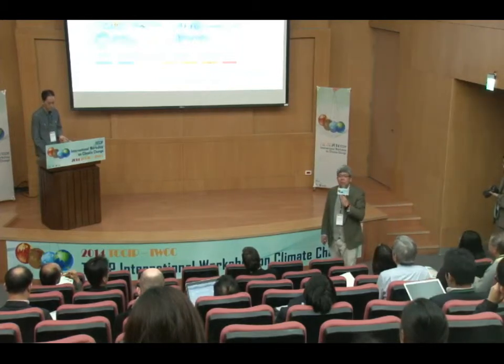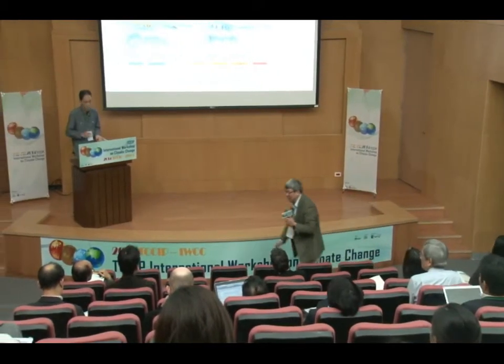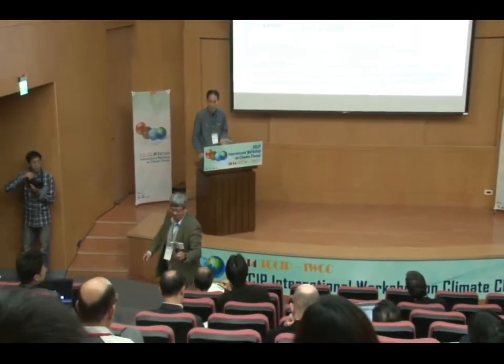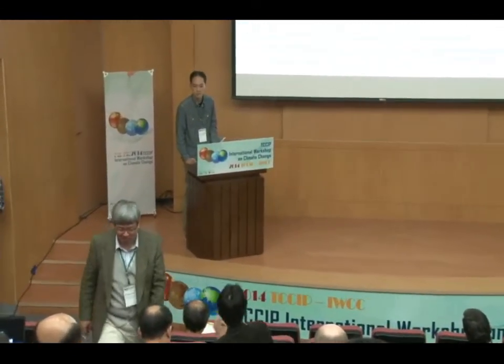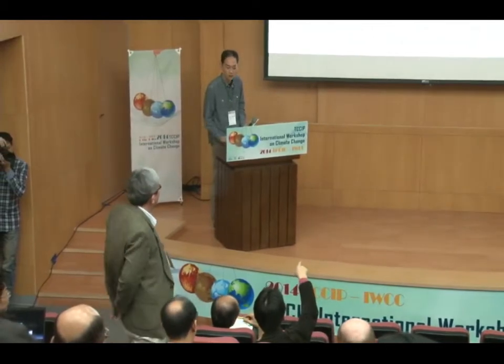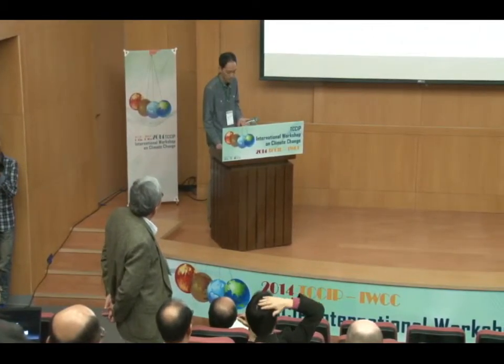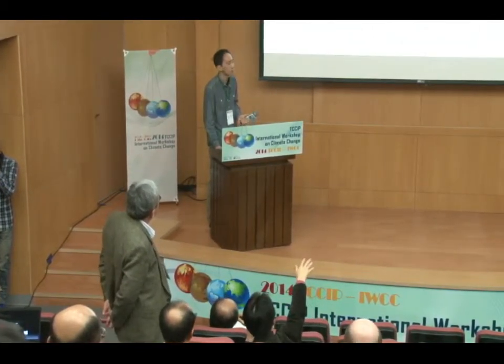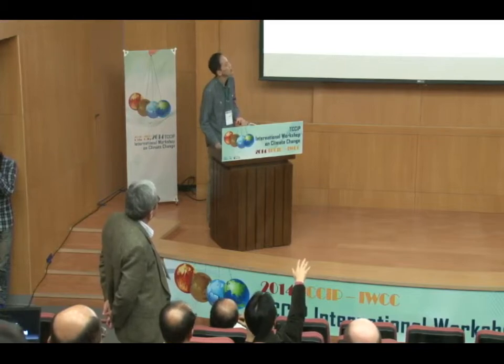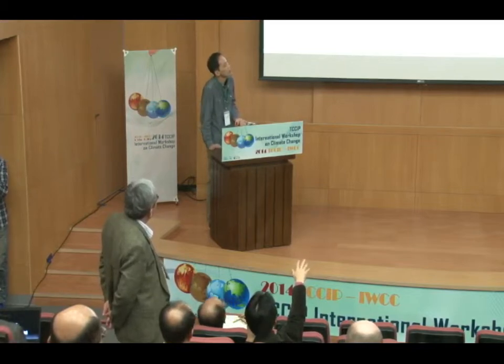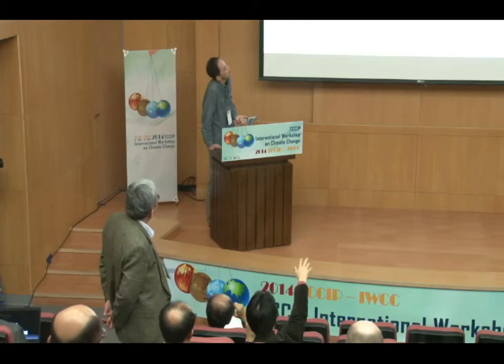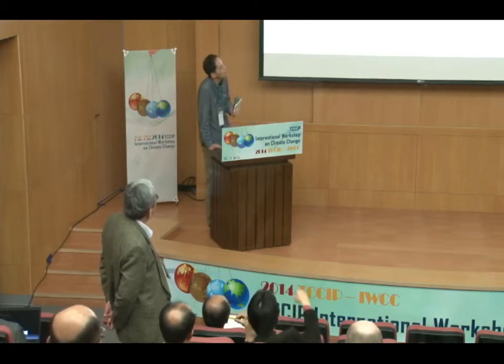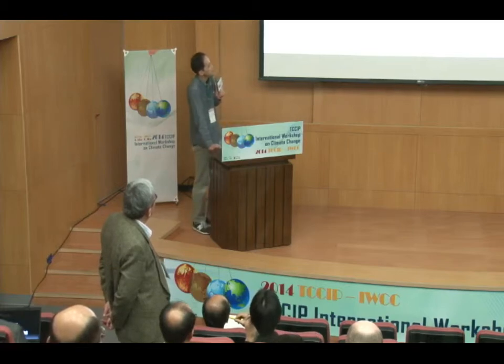Any other questions? Just one more. Could you please go back to the previous slide? I was curious about why the frequency of cyclones in those configurations is always smaller than the observation. Do you have any speculation on this?